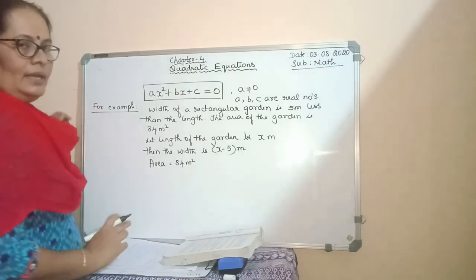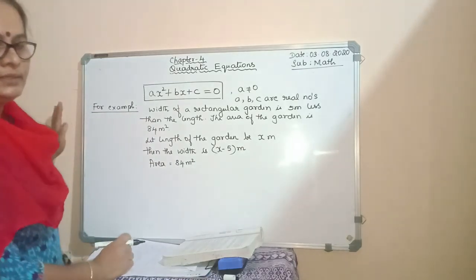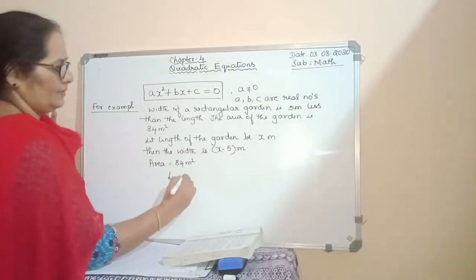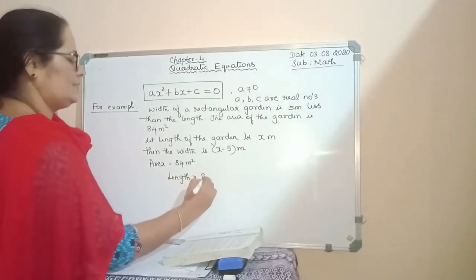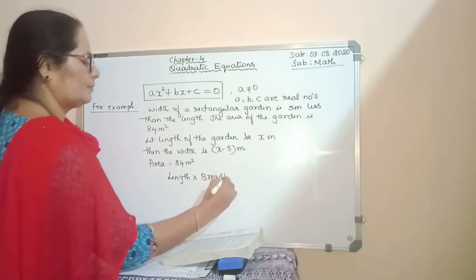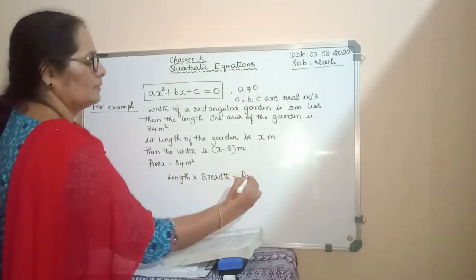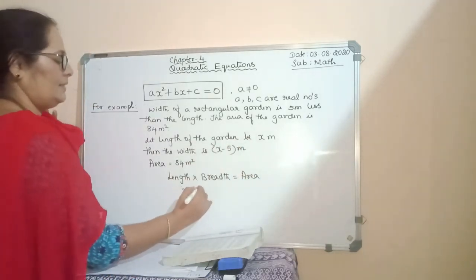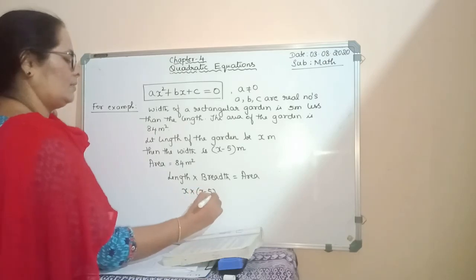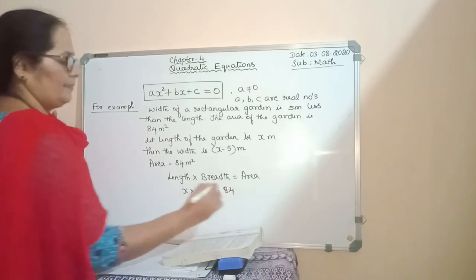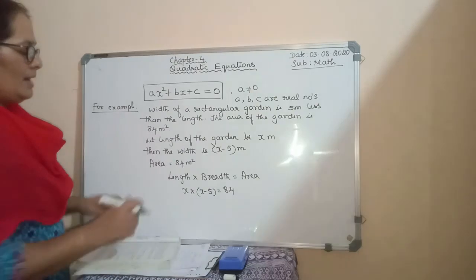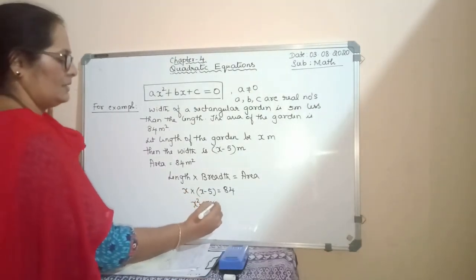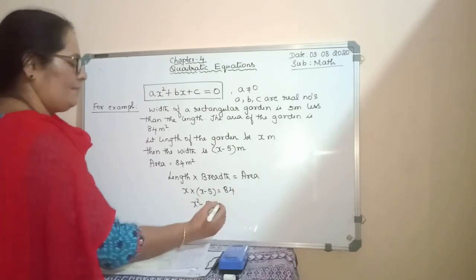You know that the area of a rectangular garden is length into breadth. So length into breadth equals area. The length is x and the breadth is x minus 5, equals 84. Now multiply x into x, x square minus 5x, and take this 84 to the left side.